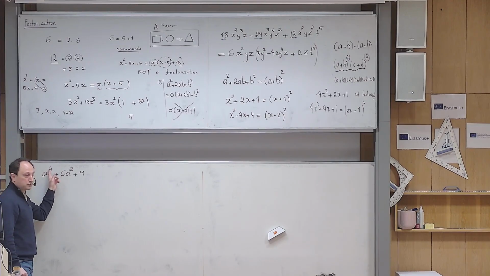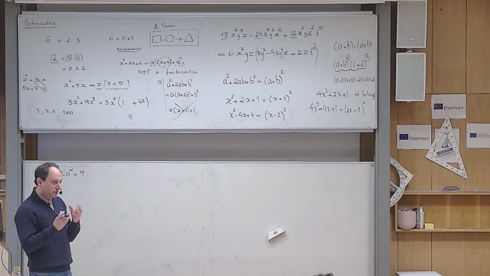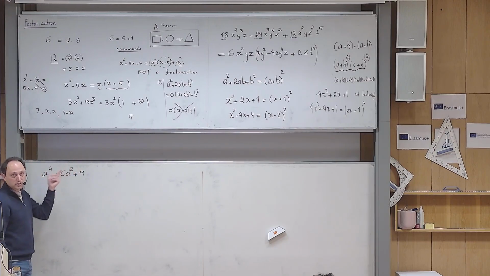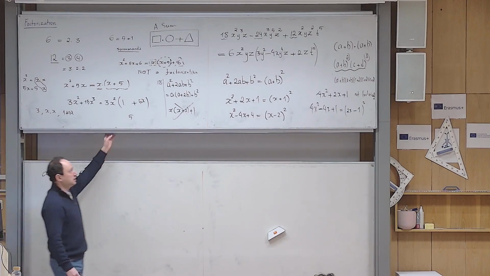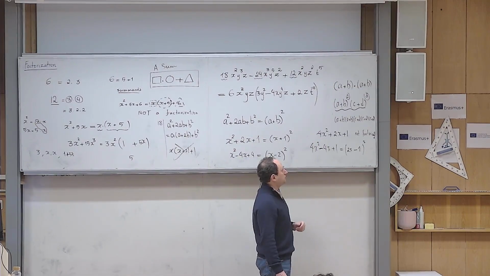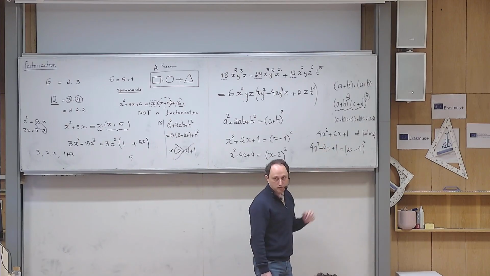One of them is a to the 4th, the other one is 9. A to the 4th is the second power of a squared. 9 is the second power of 3. These observations give you hints that the squaring rule might be a good choice for this. But this is not guaranteed. You see, in this case, 4x squared is the second power of 2x. 1 is the second power of 1, and I have 3 terms, but it was not factorizable.